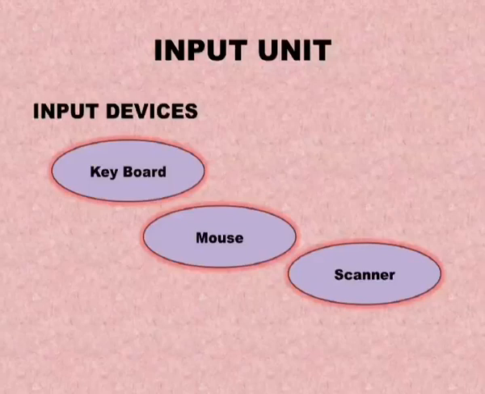The input unit controls the various input devices which are used for entering data into the computer. The most used input devices are keyboard, mouse and scanner. Other such devices are magnetic tape, magnetic disc, light pen, barcode reader, smart card reader, etc.